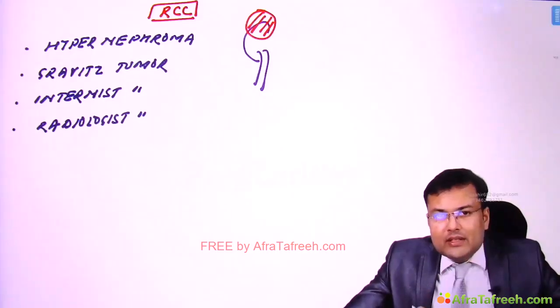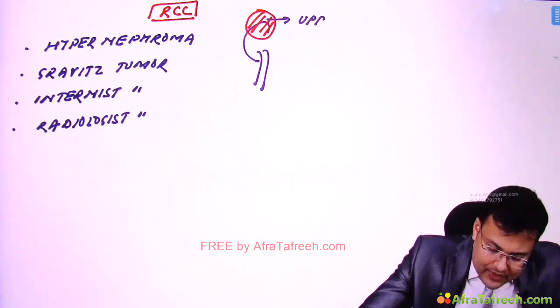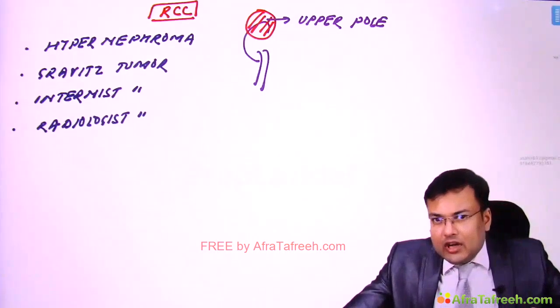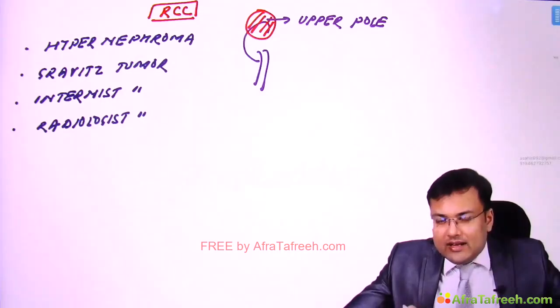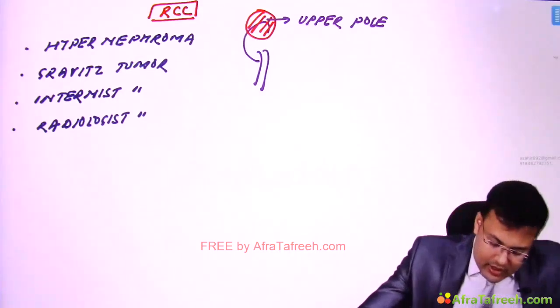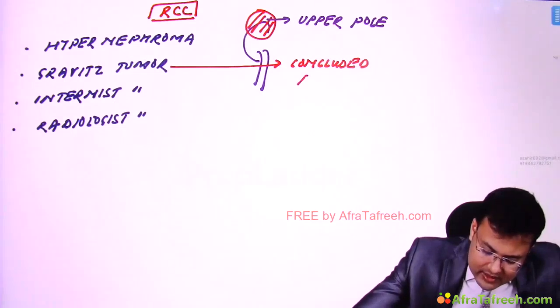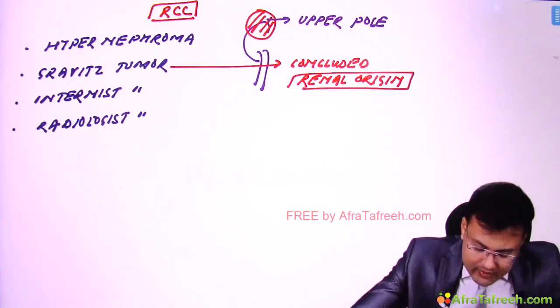That's why it was called hypernephroma, meaning above the kidney. Grawitz was a pathologist. He concluded that the origin is renal, not adrenal, and that's why it is known as Grawitz's tumor.